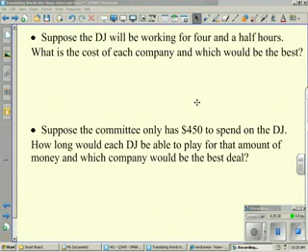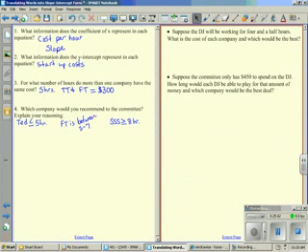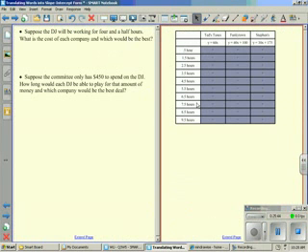Okay, we've had a few minutes to decipher the answers to the questions here. I have a new chart here that's got the half hours in it. So suppose the DJ will be working for 4.5 hours. What is the cost of each company and which would be the best? So for 4.5 hours, how much is Ted's Tunes?